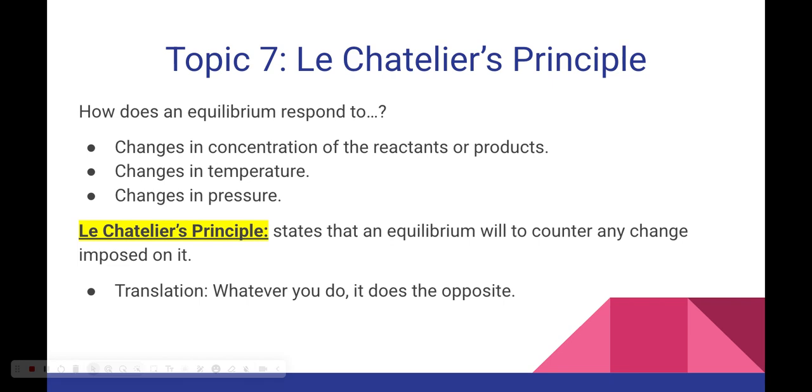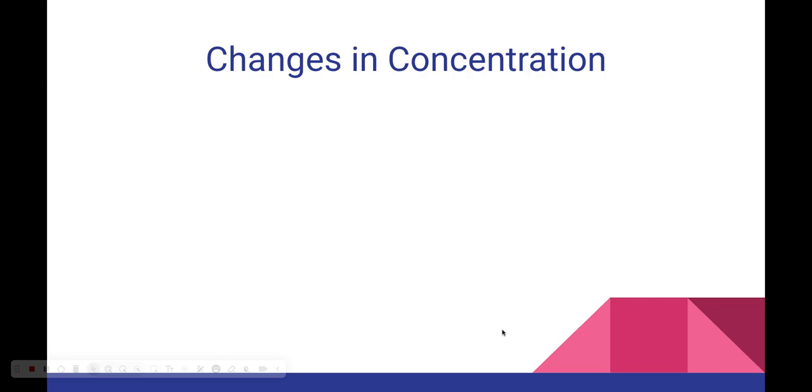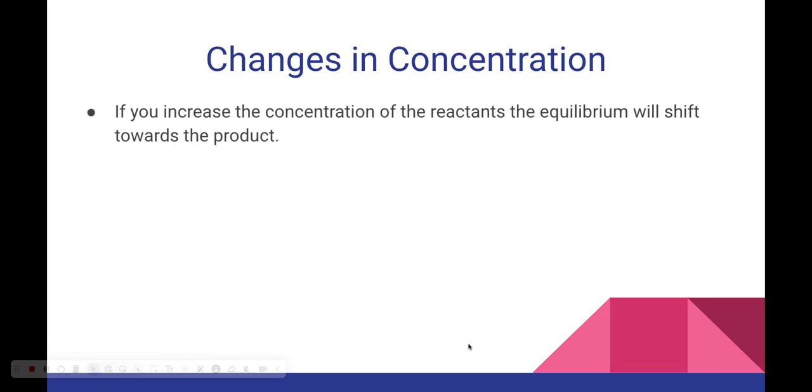So Le Chatelier's principle states that an equilibrium will respond to counter any change imposed on it. Okay. Now, what that really means is, whatever I do to an equilibrium, it's going to do the exact opposite. So, if we're looking at changes in concentrations, if I increase the concentration of the reactants, then my equilibrium will counter me and do the exact opposite.